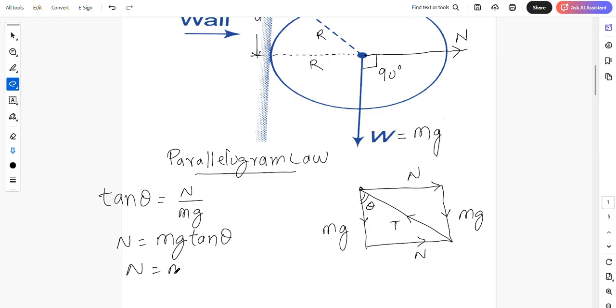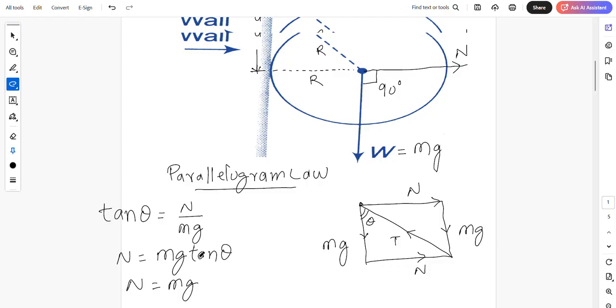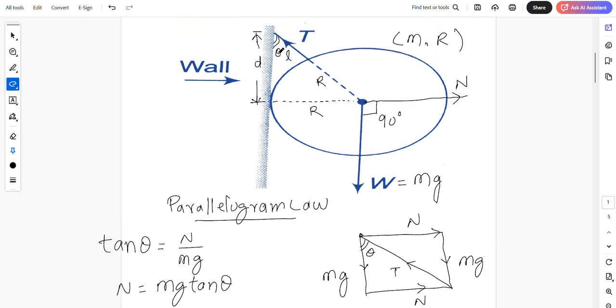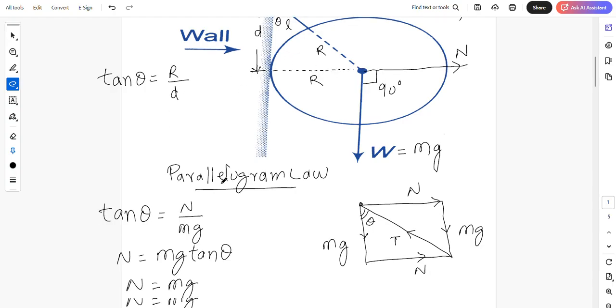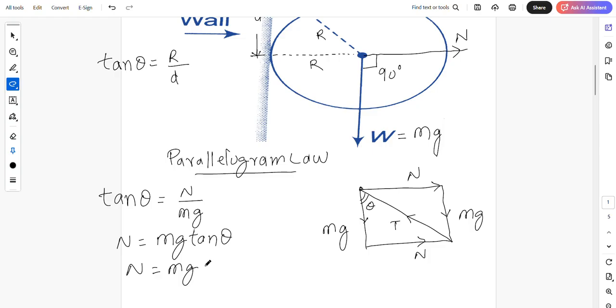N is equal to m into g. From the figure, tan theta is equal to r by d, opposite by adjacent, that is perpendicular by base. So N is mg into r by d. This is the value of the normal reaction.